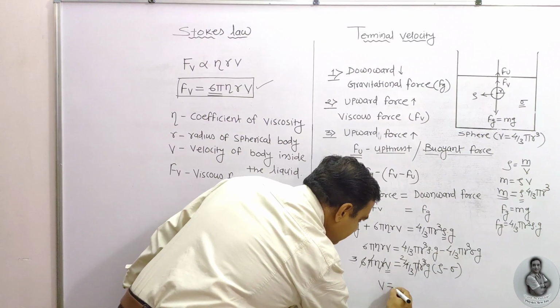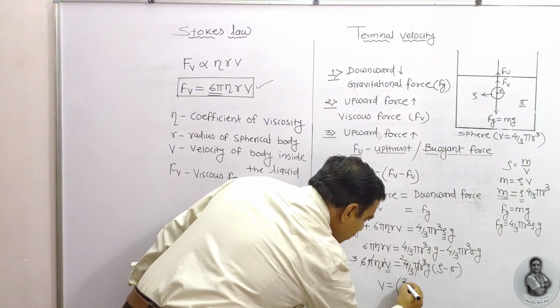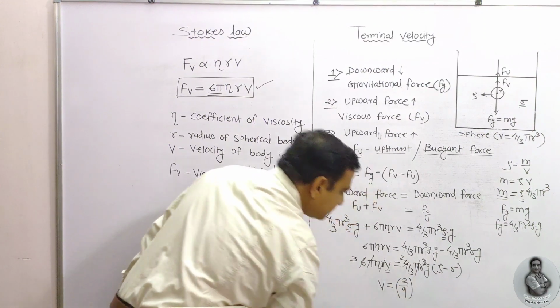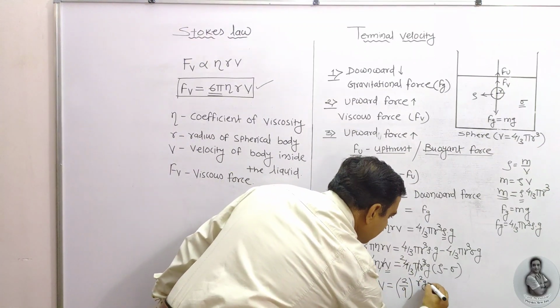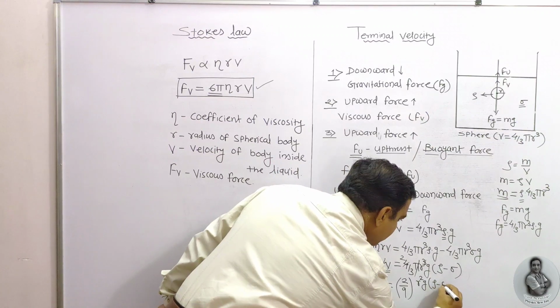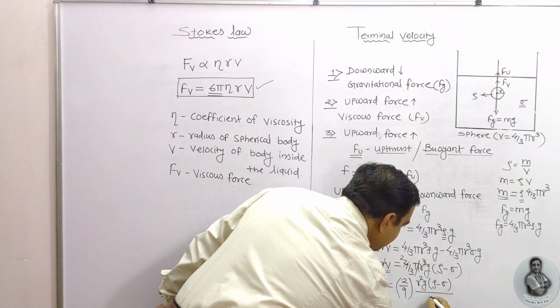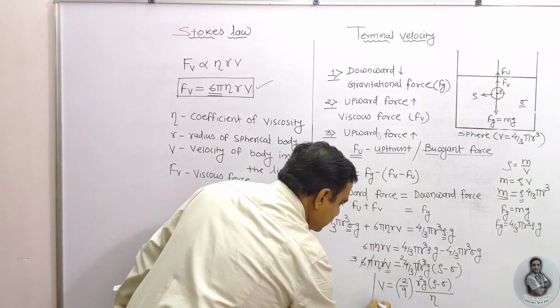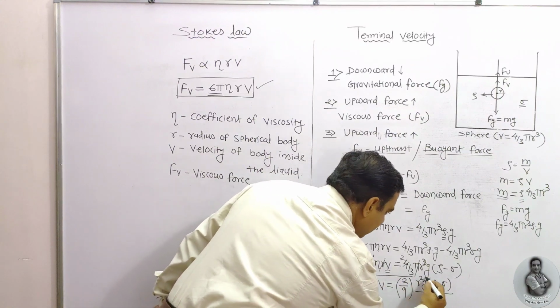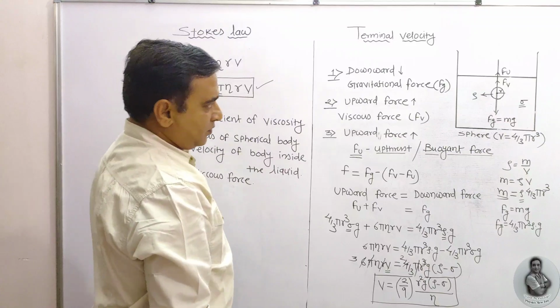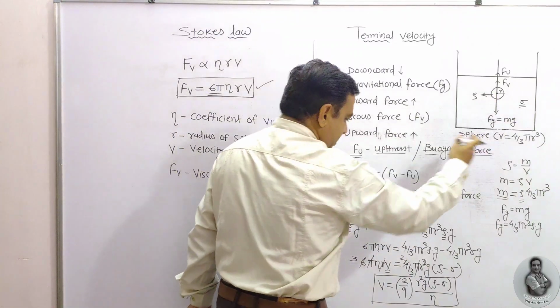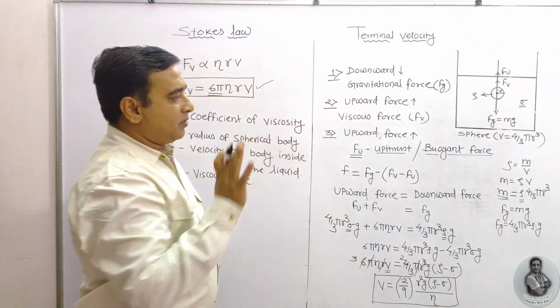So the terminal velocity is given by 2 by 9 r square g into bracket rho minus sigma upon eta. This is your final terminal velocity of a spherical body inside the liquid.